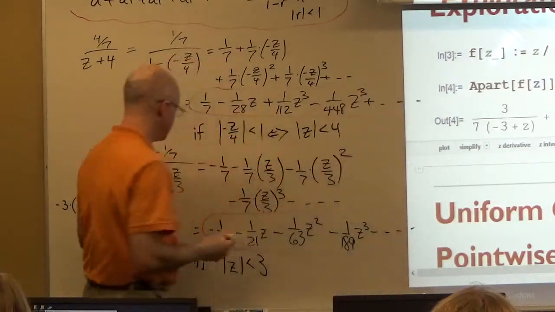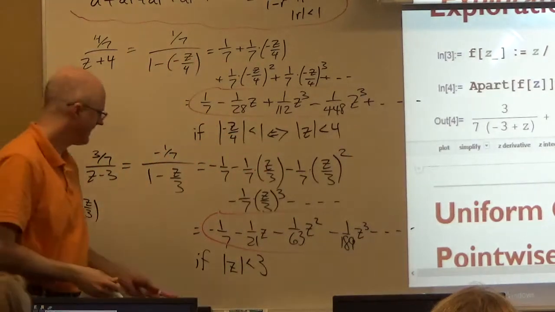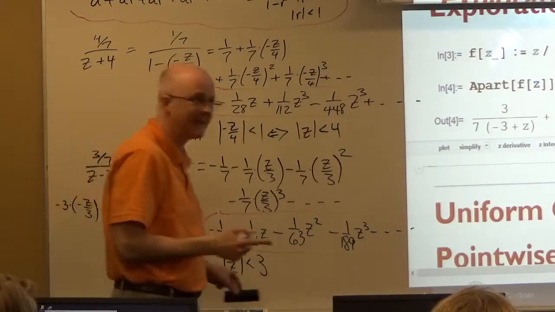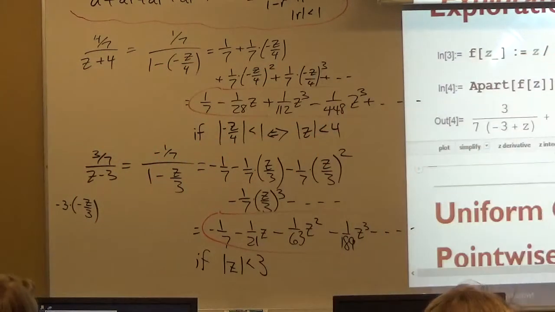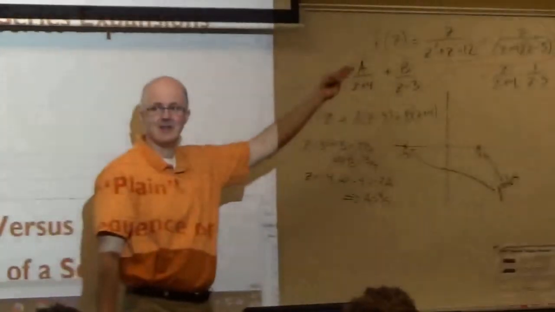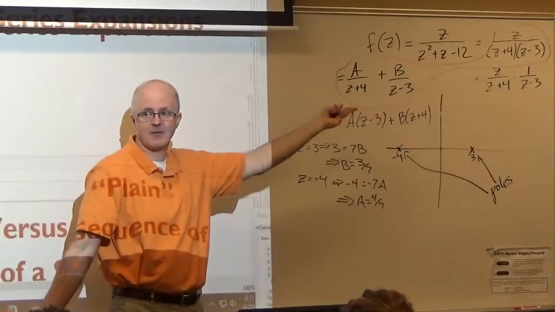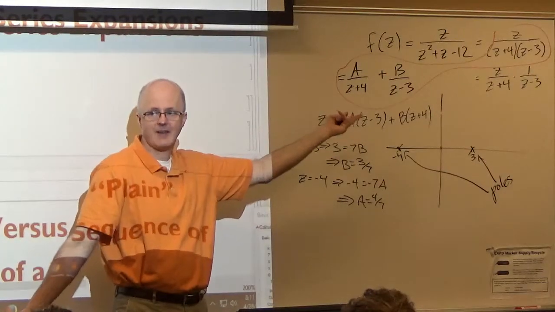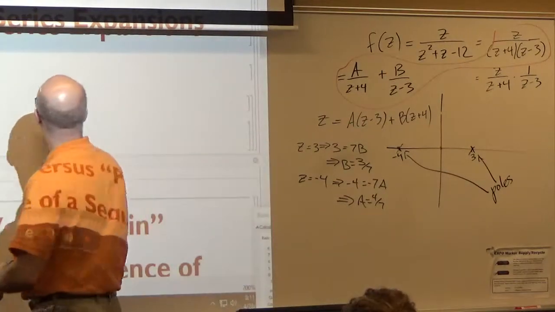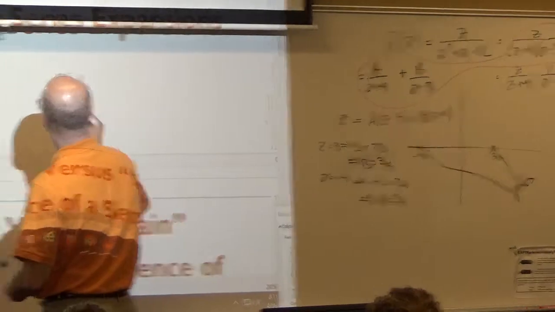Okay, the 1/7 cancel, as they should, because this function has a 0 at z equals 0. If the constant term were non-zero, then that wouldn't be true. Yeah, the constant terms could cancel. So there's no constant term.